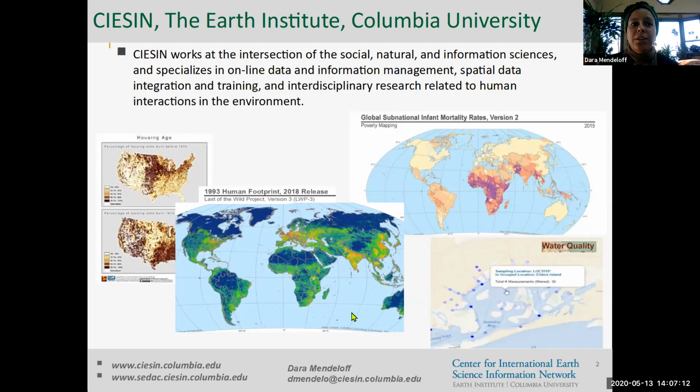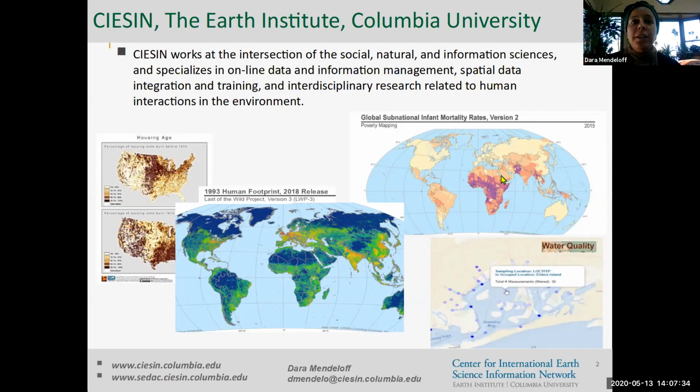A different application shown here is the human footprint. Some partners of ours at the Nature Conservancy have produced a series of data sets looking at the last of the wild, trying to explore the impact of human development on natural areas.